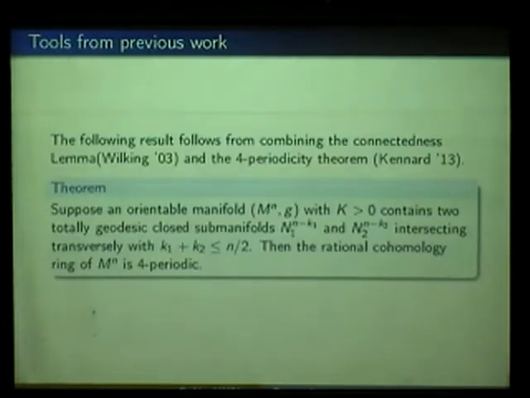Right. Okay, so tools from previous work. One of the main tools is this, which sort of combines several results in the literature. It wasn't quite stated this way so far, but that's how one can put it.